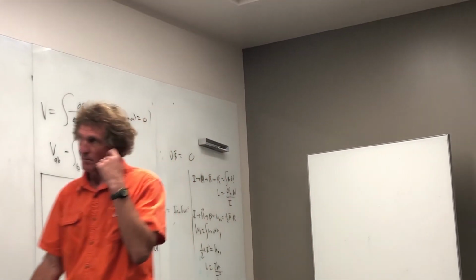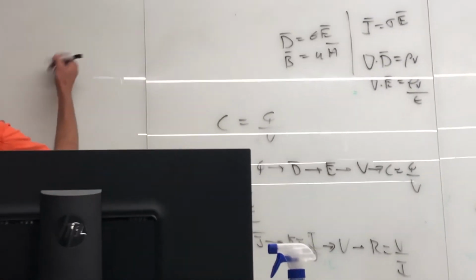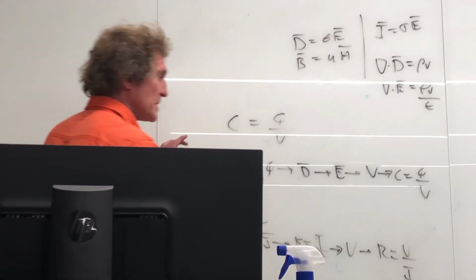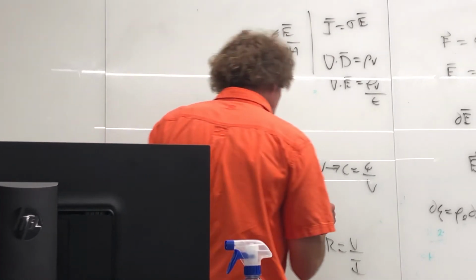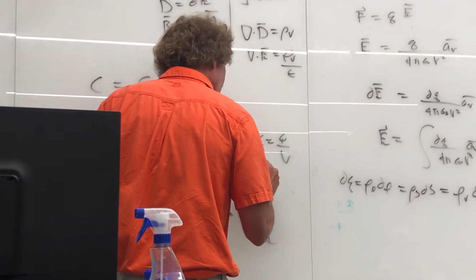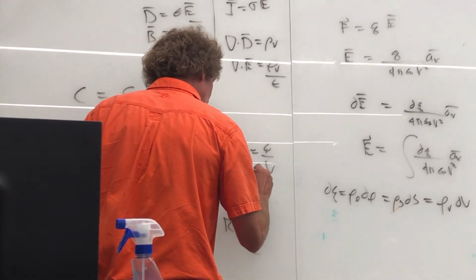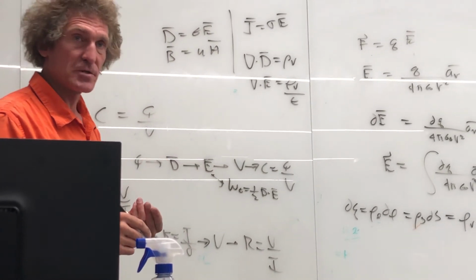I didn't say this with capacitance, but you can also do that for capacitance. You can start the problem this way, but at this point, instead of just getting V, you can get the electrostatic energy density, and that's 1/2 times D dot E, or 1/2 times epsilon E squared.